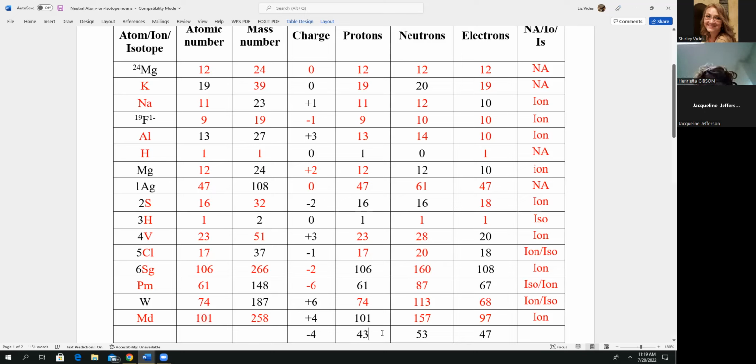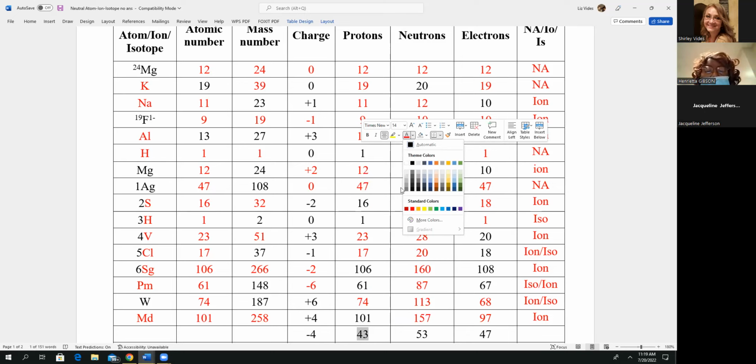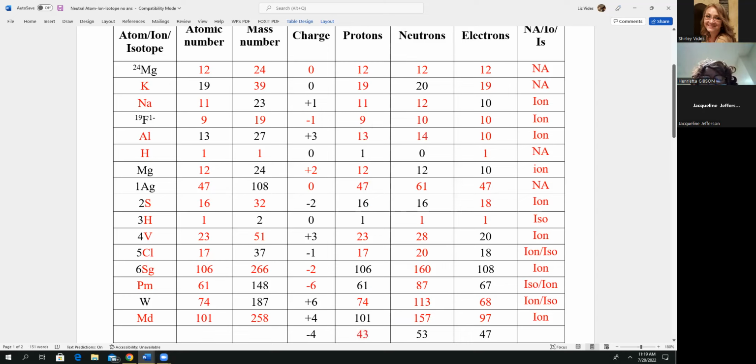Okay, so 43 protons tells me that I have an element whose atomic number is also 43. And who is element 43? Well, let's go look. 43 is technetium. So we have TC.